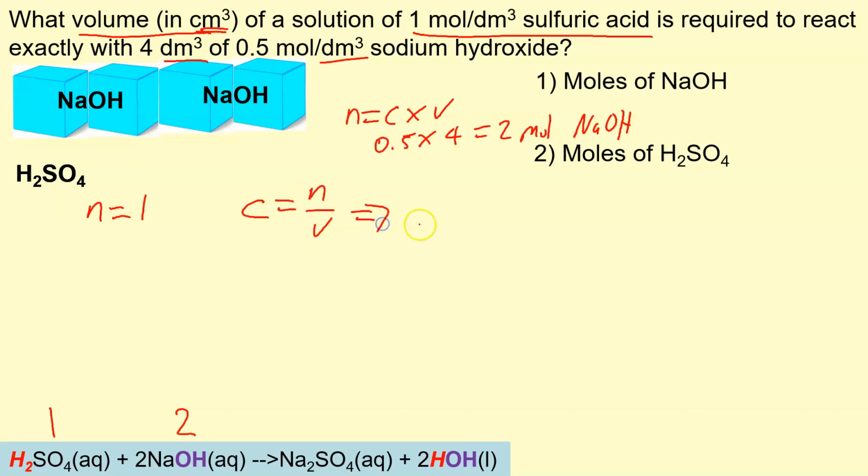We can rearrange this so that volume is equal to number of moles divided by concentration. Number of moles is 1. Concentration is 1, which is given in the question. So 1 divided by 1 gives us 1 dm cubed. In centimeters cubed, that's 1,000 centimeters cubed.